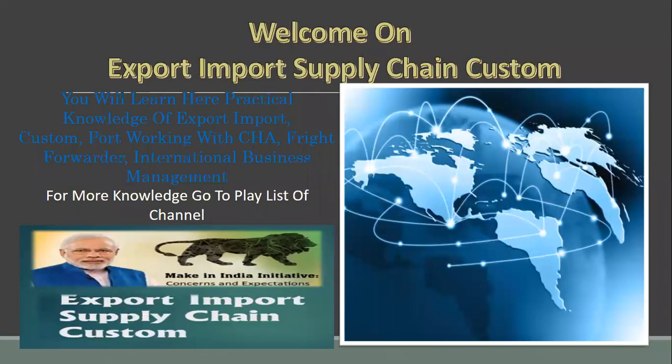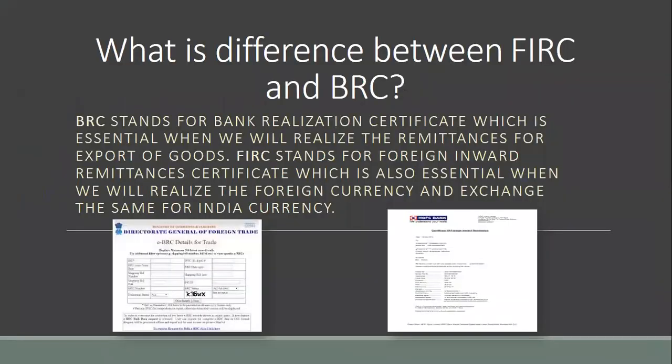So this is also a certificate of payment. But BRC is issued in respect of the shipping bill, whereas FIRC is issued for any unknown payment received from overseas in other currencies.